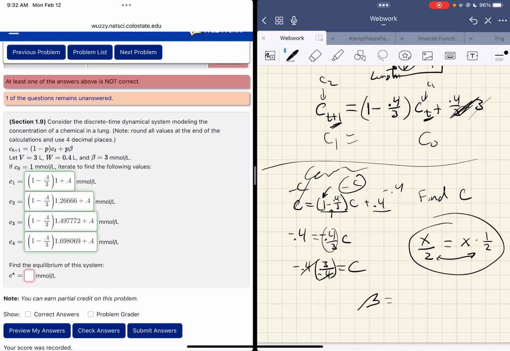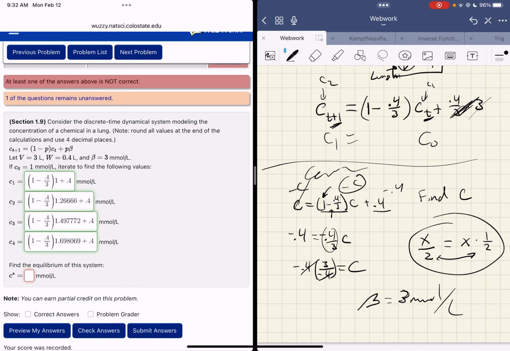All right, let's think about the context of this problem. This beta equals 3 millimoles per liter. That is the air of the room that you're standing in. If you are locked in that room, and you take 1,000 breaths, I would say it's reasonable that the air in the room and the air in your lungs is basically the same.